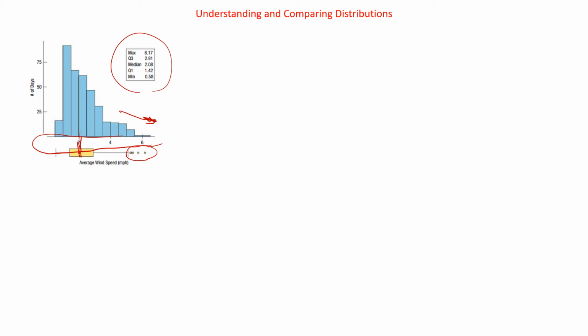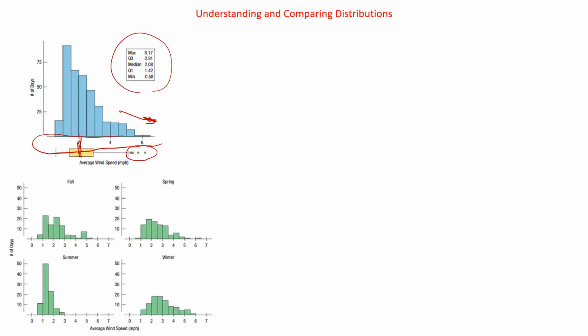Well, different times of year could have different wind speeds. So if we broke this out by season, we could have this fall, spring, summer, and winter season. So here we're comparing the different wind speeds with also a categorical variable.